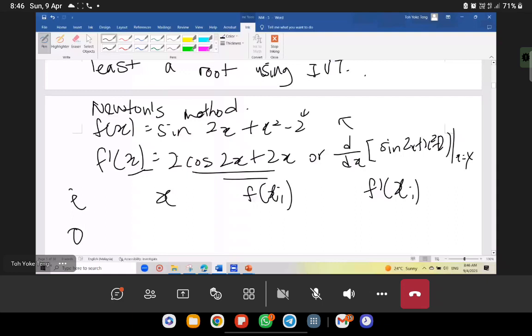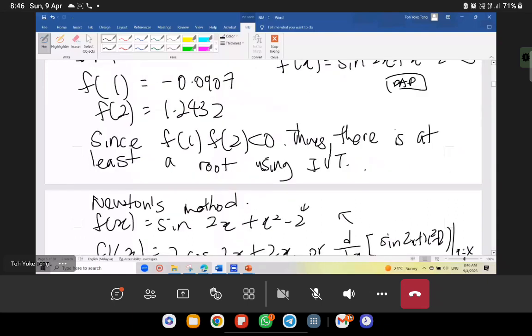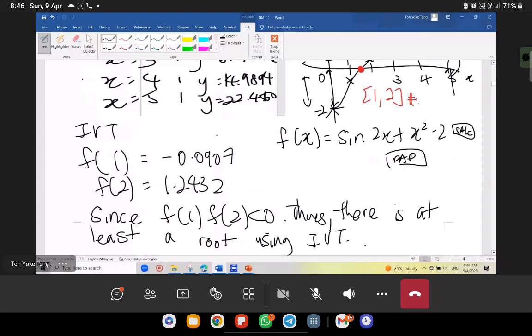Okay, so for the initial guess, as you notice, for this function, if you press shift calculate in order to get the exact root, the initial value is 0, so maybe you just try x equals 0. The calculator will show you 1.0 something.